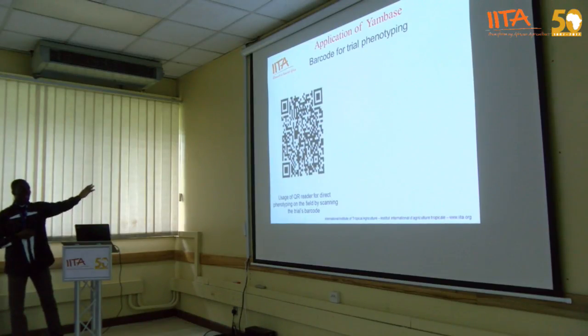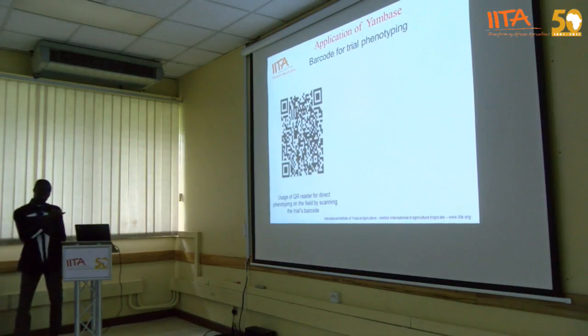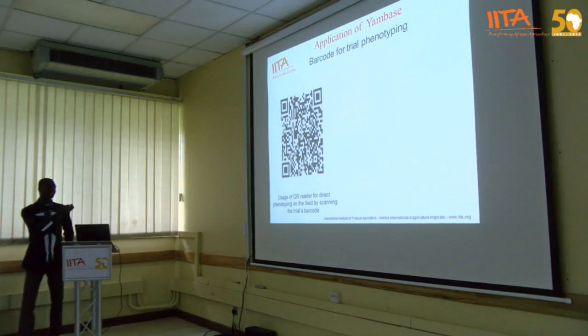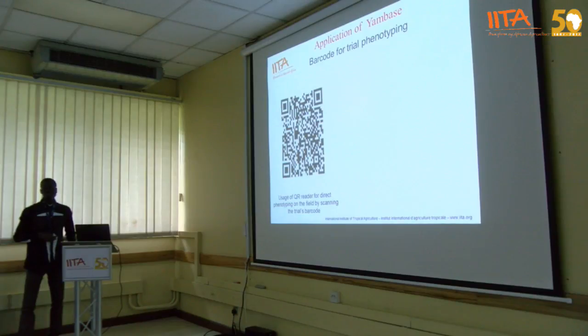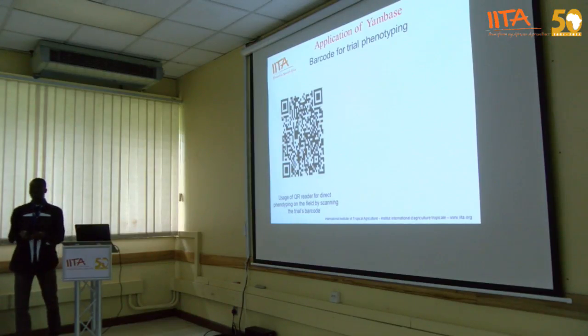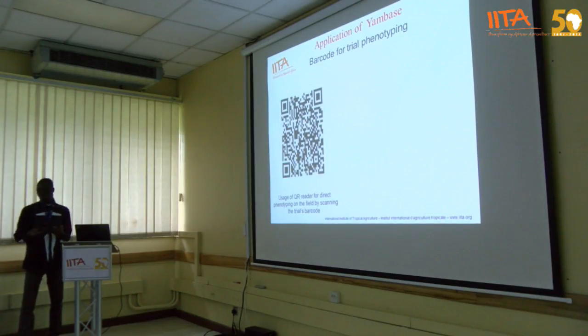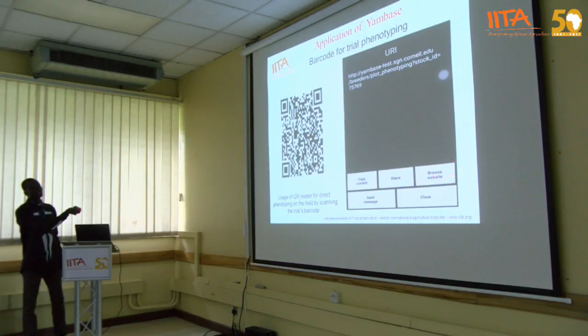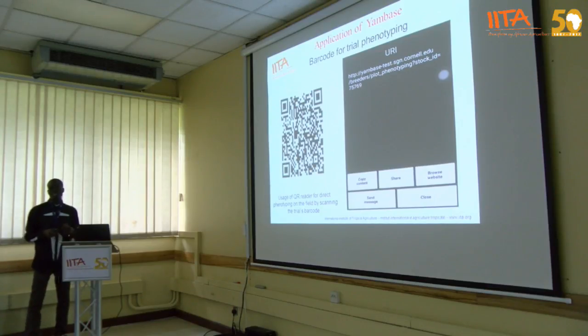So when you have this barcode for your trial placed in the field, using a QR reader app, when you go there and scan it, it will link you directly to YAMBASE. So you don't even need to go to the field with your tablet again. With your phone, you can directly go to YAMBASE by logging in. You just need to browse and it will link you directly to YAMBASE where this trial is located, so you can phenotype directly into YAMBASE, not into the tablet again.